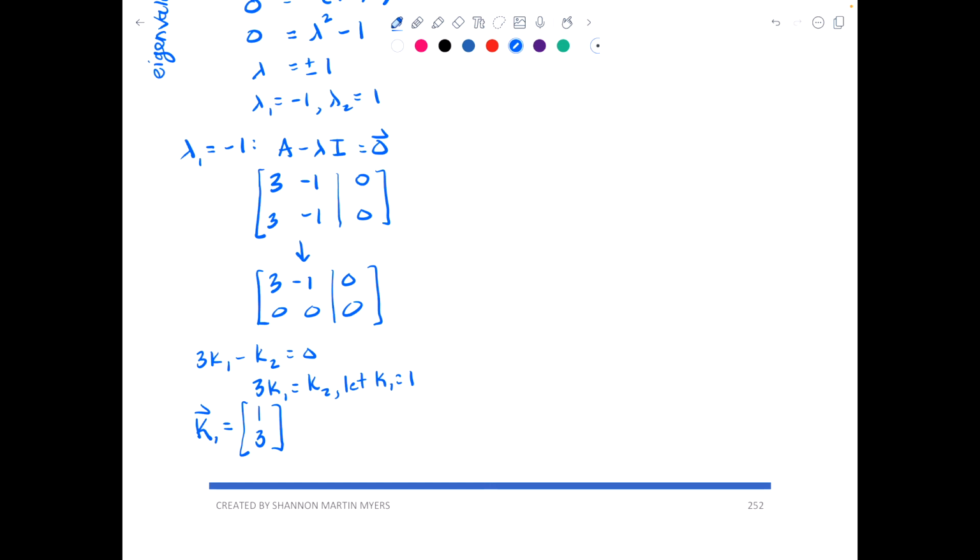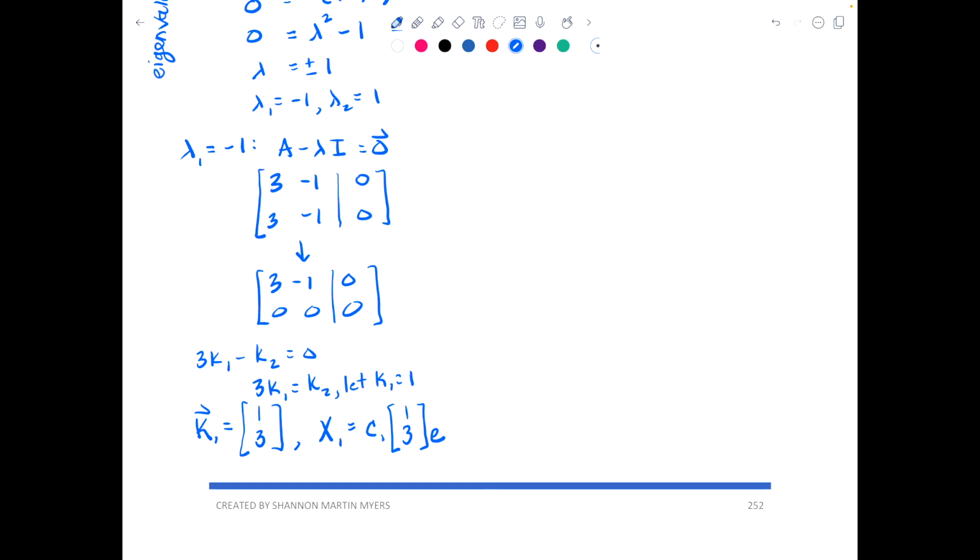Now, let's think about what our matrix X1 would be. That's going to be C1 times this column matrix we found, times e to the lambda t. Remember, you have e to the lambda t from another section.